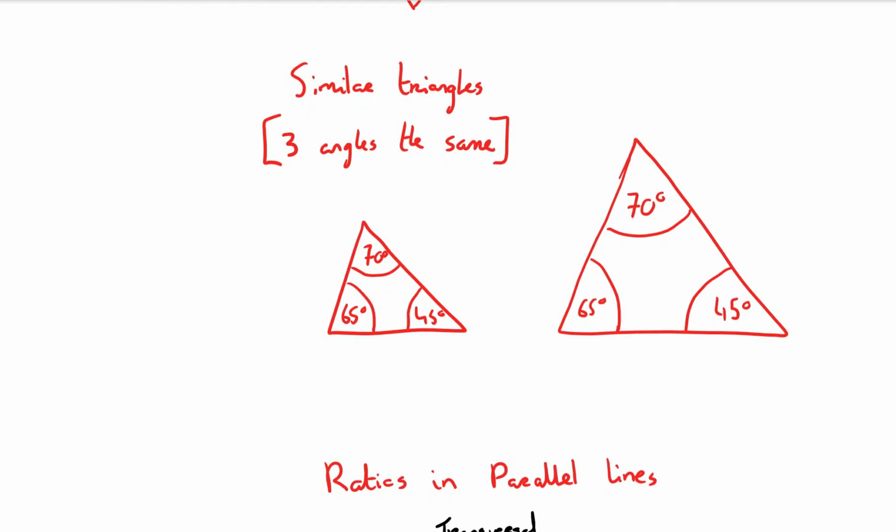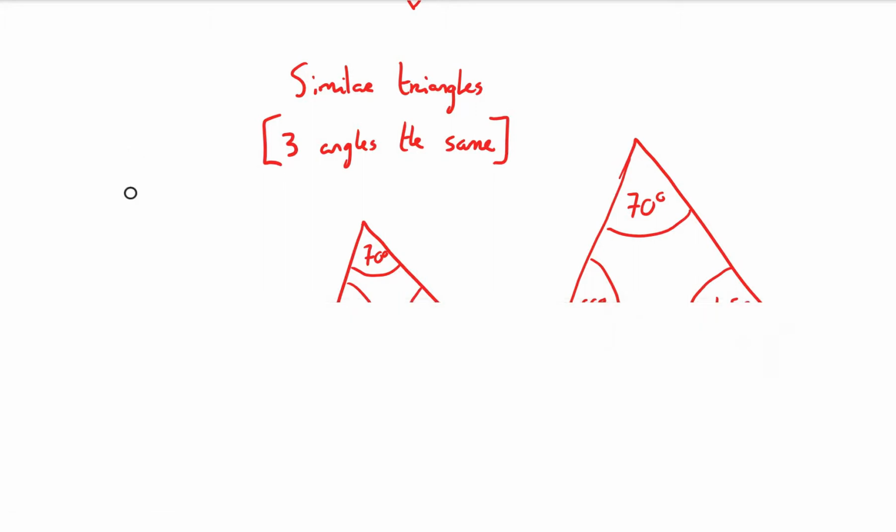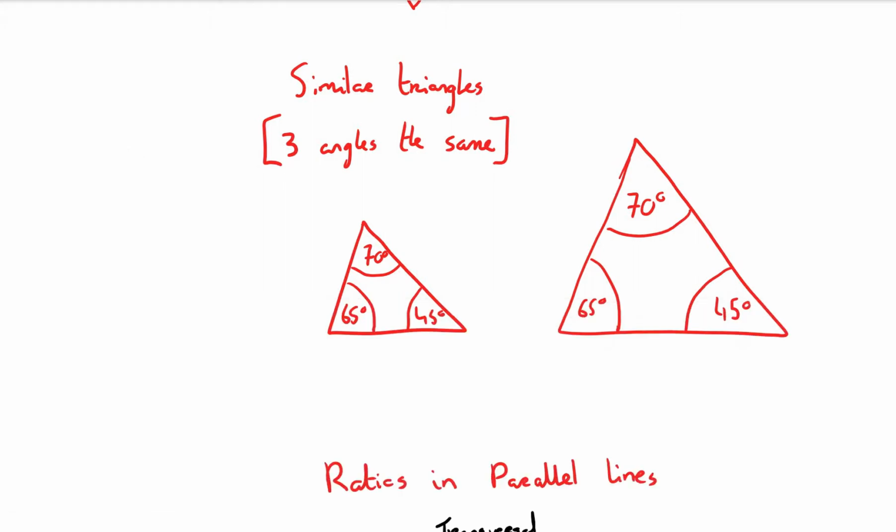In similar triangles, we're looking for three angles that are the same. So have a look at triangle A, which is here, and triangle B. They have three angles that are the same. We have 70 here, 70 here, 65 here, 65 here, 45 here, 45 here. Okay.